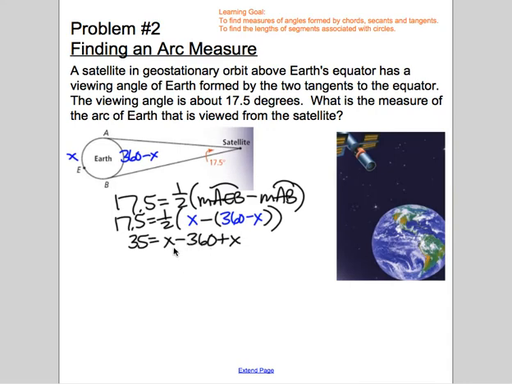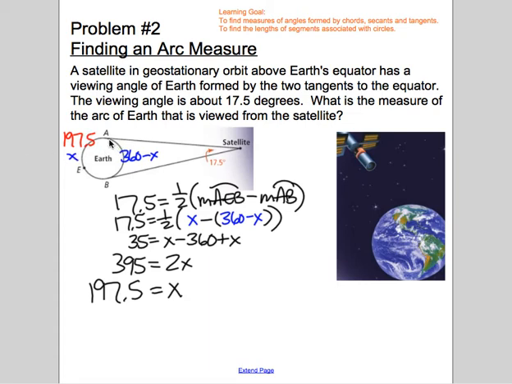So we're going to add 360 to both sides. So we have 395 equals, we have x plus x, so we have 2x over here. So when we divide both sides by 2, we get x equals 197.5. So this arc over here is 197.5.